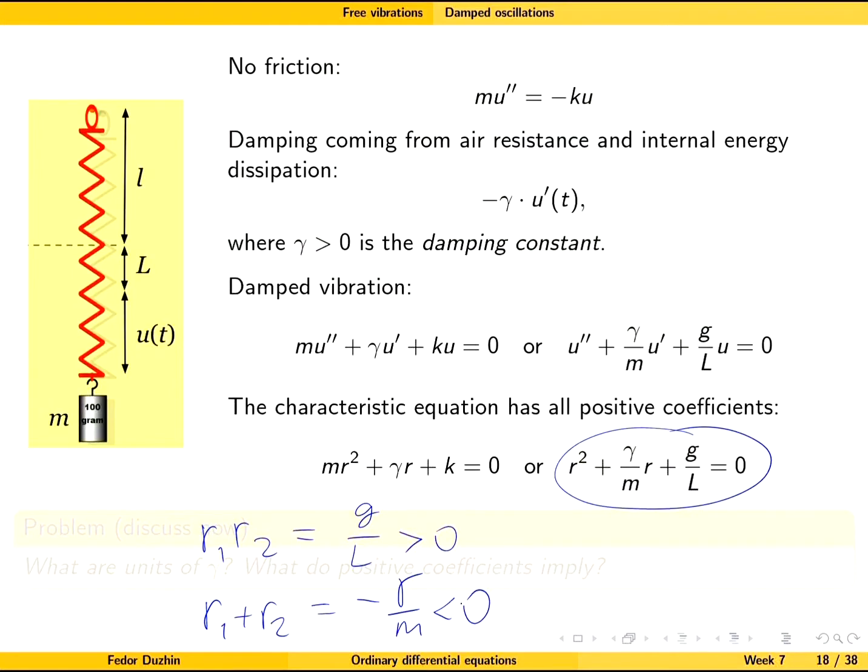Since the sum is a negative number, it means that both of them are negative, because we cannot have one positive and one negative, since then the product would be negative. So we may have two negative real roots, or we may have two complex roots with a negative real part.